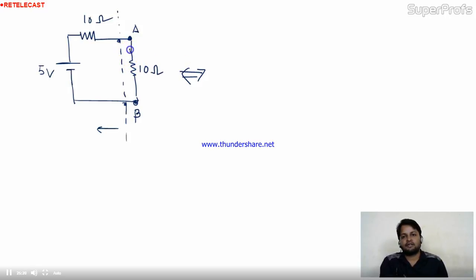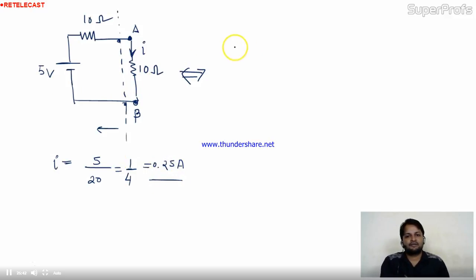But before converting that, find out the current here. What is the current here? In the 10 ohm resistance, this current is 5 divided by 10 plus 10, 20. So 1 by 4, 0.25 ampere is flowing initially. Okay, now we are going to convert this into an equivalent current source, current circuit.